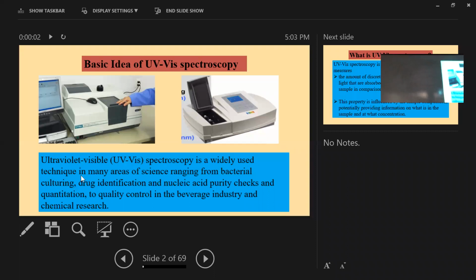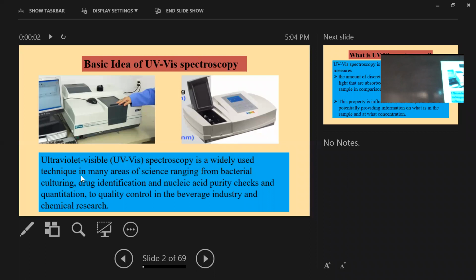This is a constant factor, and lambda means wavelength. So that is the energy of the light, and this is the wavelength.